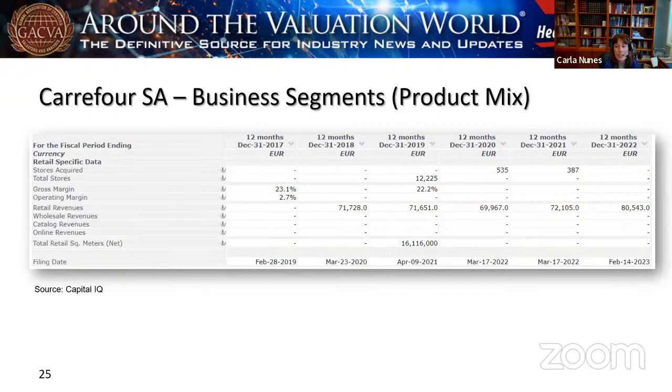In this case, we were looking for retail revenue, supermarkets, and Carrefour is just in the business of retail stores. They don't have other businesses, but there will be other situations where they're broader than your subject company, and you have to make a decision whether it's a good proxy for business risk.